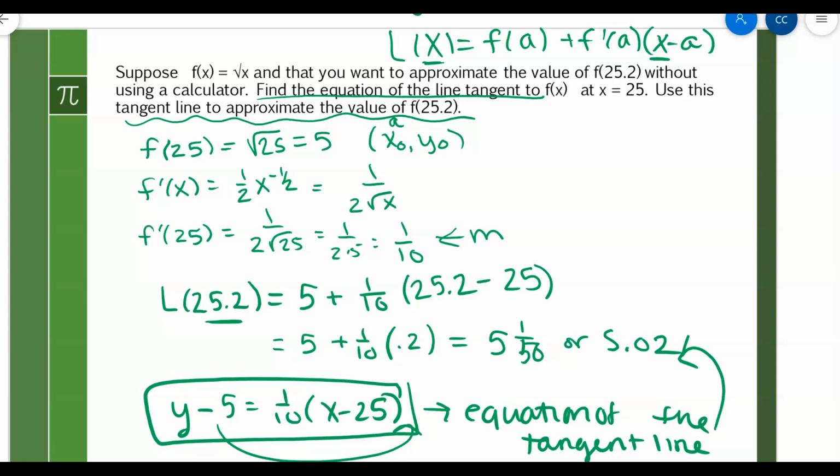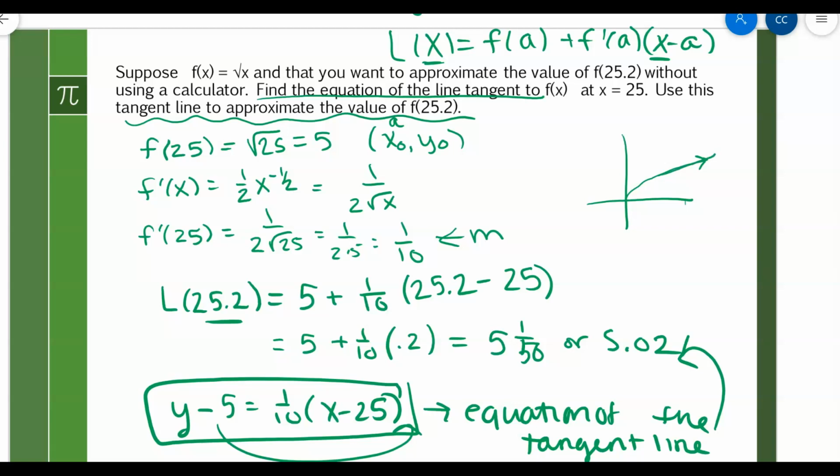Would this be an over or an under approximation? If you think about the square root of x function, it would look like this. We're talking about the point 25.2, so it's way out here. Is that graph concave up or concave down?